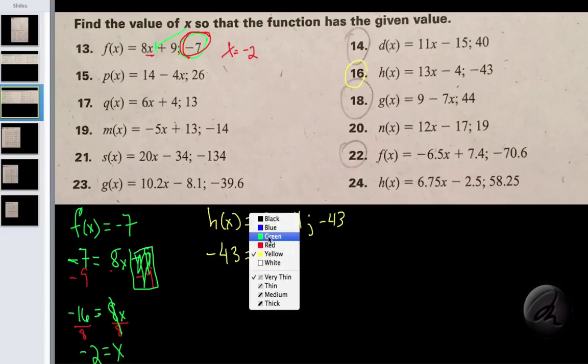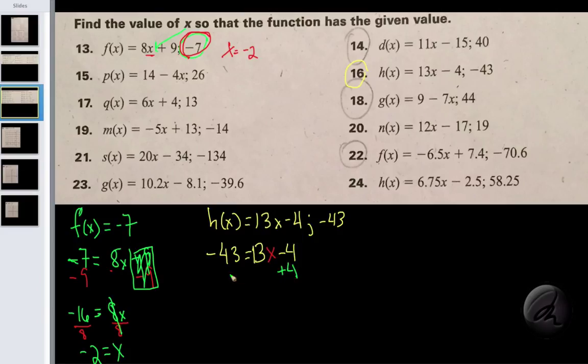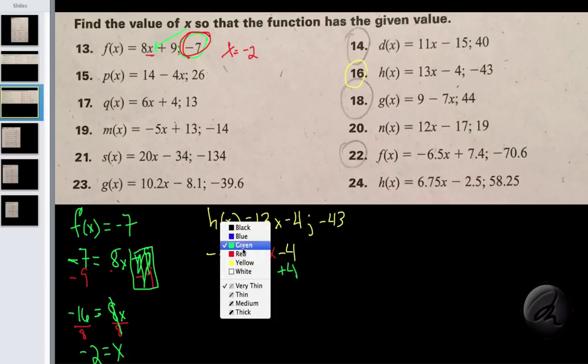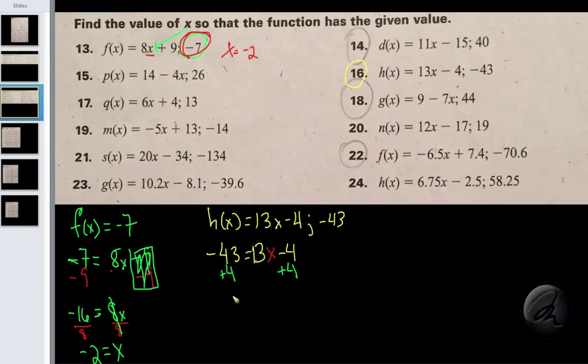Okay, so my first step would be to get rid of my 4 by doing the opposite function, which is addition. Okay, so then my new problem, negative 43 plus 4 is negative 39 equals 13x.